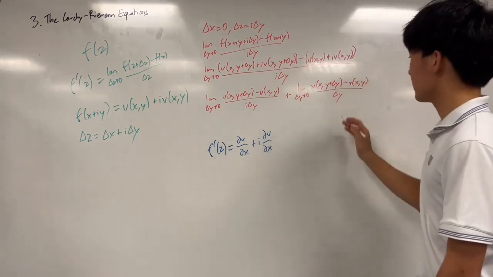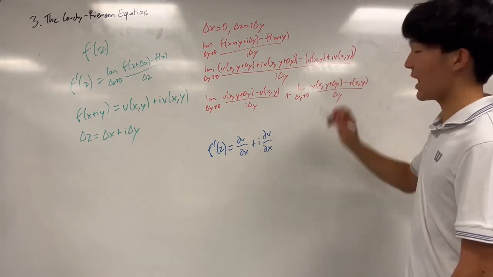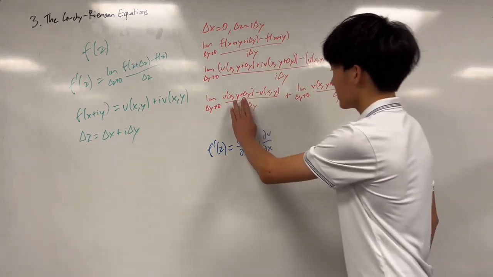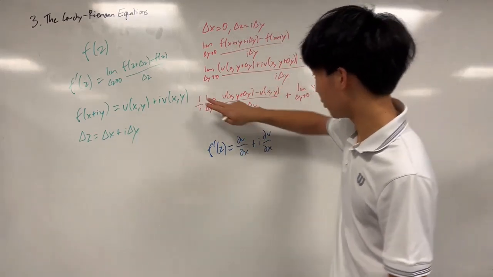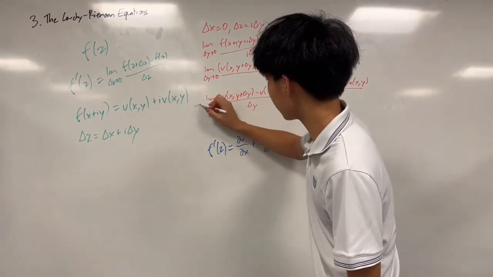These two are the same. There's no i in the denominator here because the i from the numerator cancels. So then we can move this i outside, 1 over i. i to the negative 1 is the same thing as negative i.